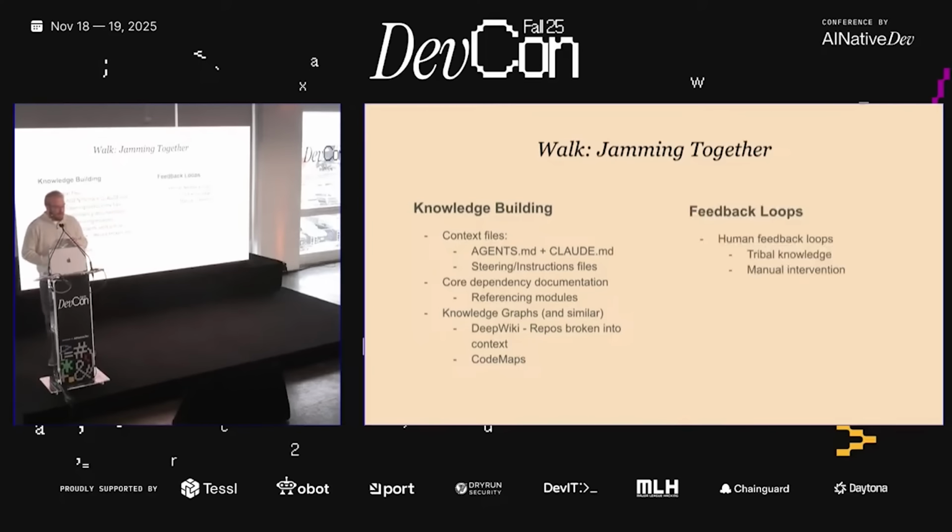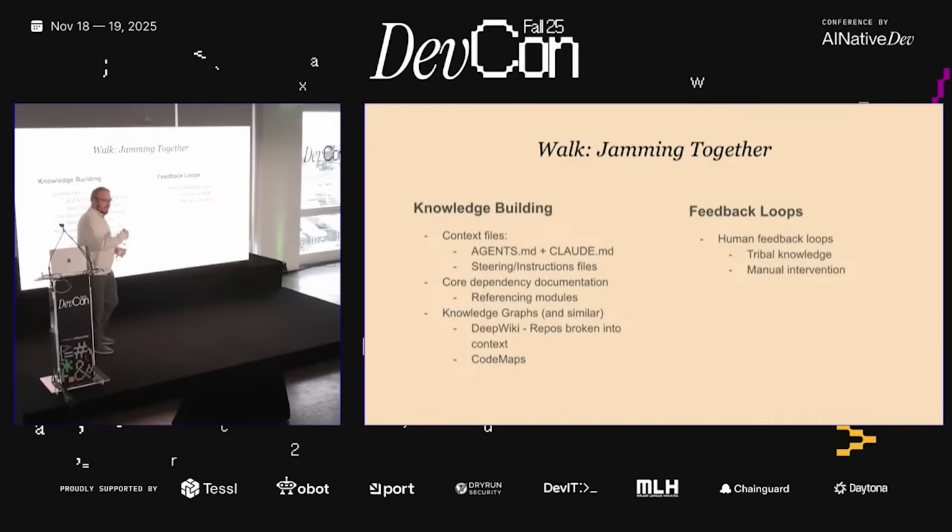Feedback loops are going to be incredibly important. If you're already getting your internal community together, work with them to say, whenever we're having an issue, if a human had to manually intervene in an agent's workflow, get that documented, get that into context. If you're talking to that senior engineer who's been there for 15 years and has all the tribal knowledge in their head, every time you consult them, if that doesn't go back into documentation or context, I don't know what you're doing.